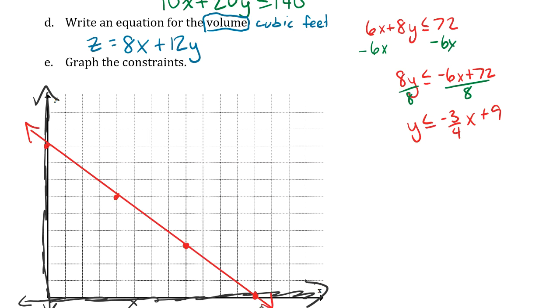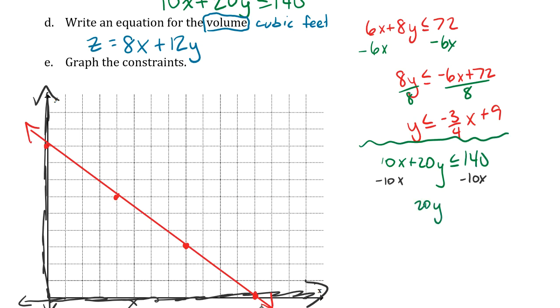All right. So now we're going to graph the second one. The second one was 10x plus 20y less than or equal to 140. So if we subtract 10x from both sides, we get 20y is less than or equal to negative 10x plus 140. Then we can divide both sides by 20, and we get y is less than or equal to negative 1/2 x plus 7.